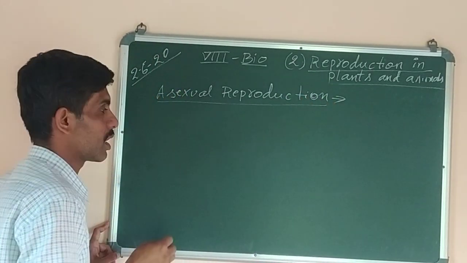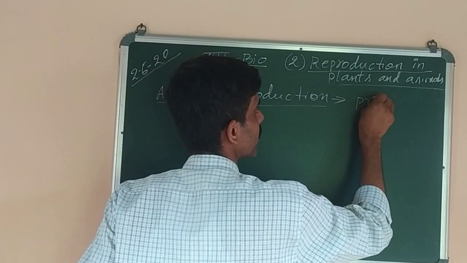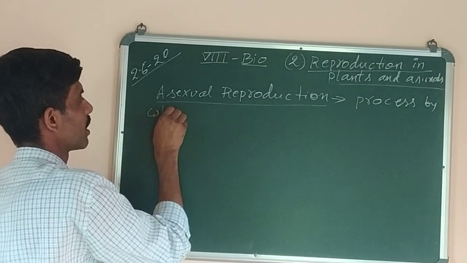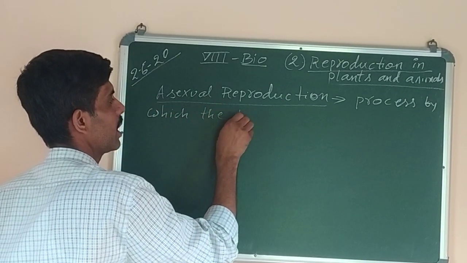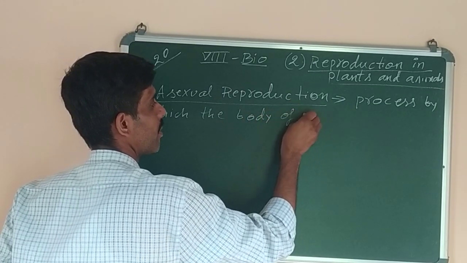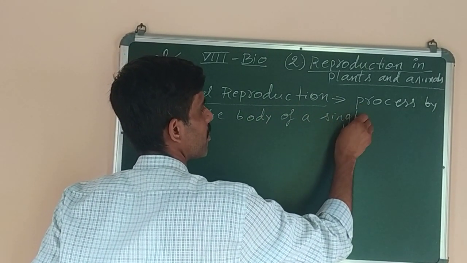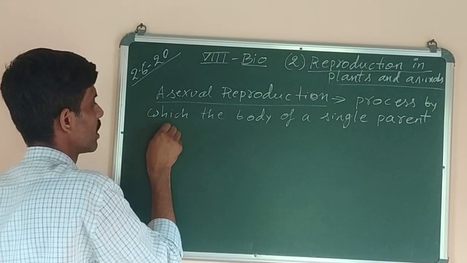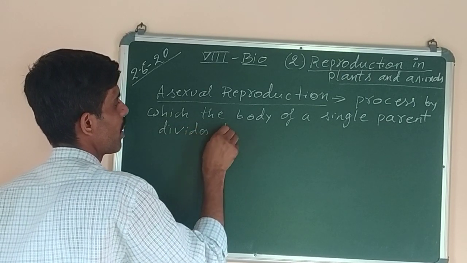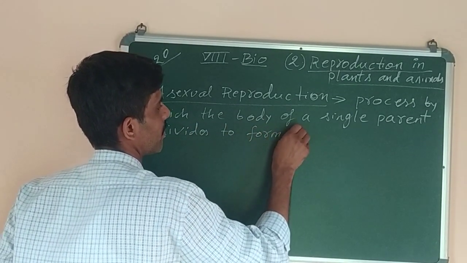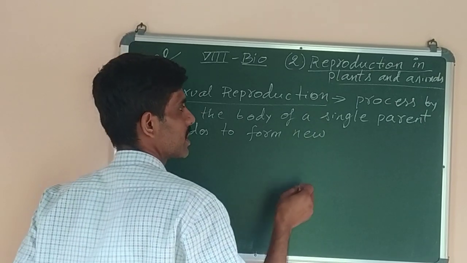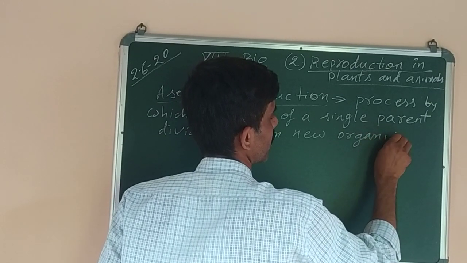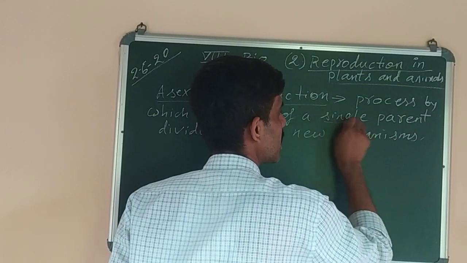Asexual reproduction means the process by which the body of a single parent divides to form new daughter cells or the new organisms.